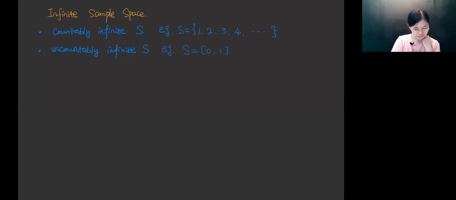With either countably infinite or uncountably infinite S, we can define probability measures, but we need to modify one of the axioms for probability.